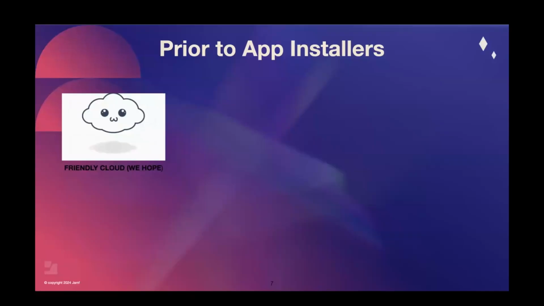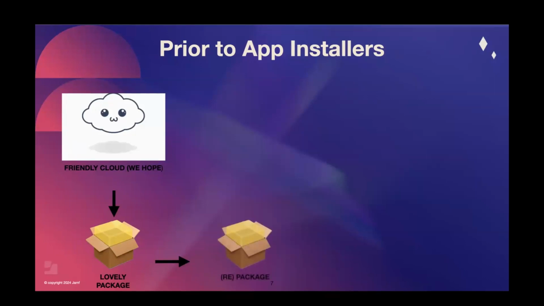And prior to app installers, we're going to go through this pretty quickly since most of you have all done this and are on the App Catalog. So we'd have to go to a friendly cloud, we hope, and then grab an installer, and hopefully the package is indeed lovely. If it is, we can continue to upload it, but if not, we would have to repackage it to make it Jamf friendly.